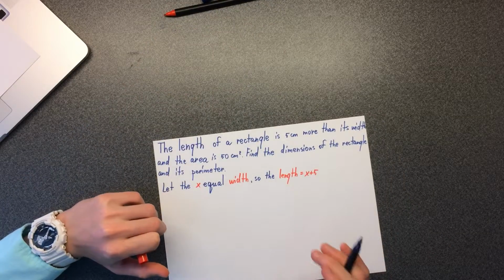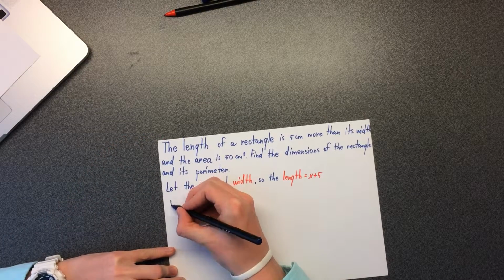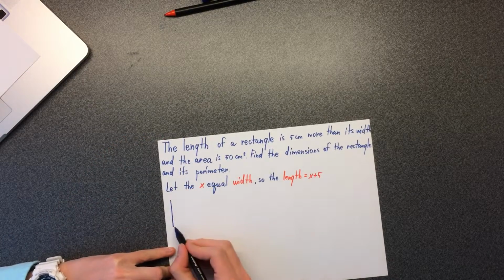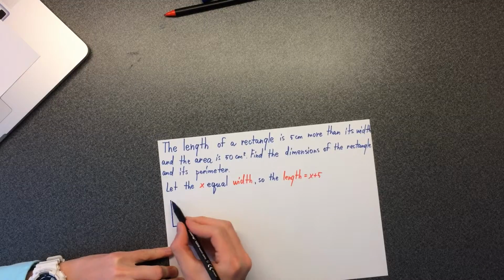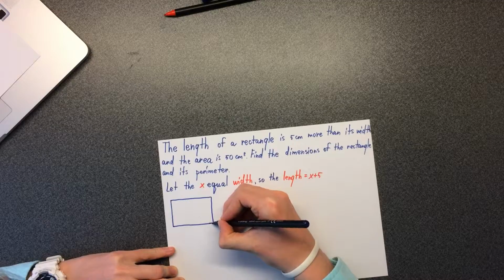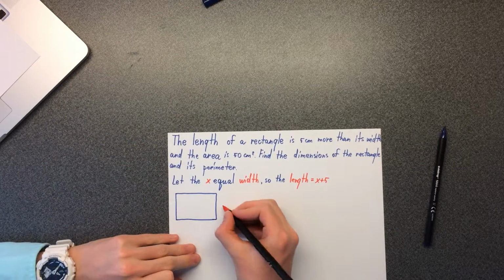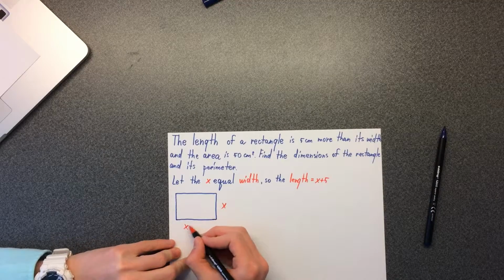After it, we need to sketch and label the diagram. So we have a rectangle, with width x and length x plus 5.